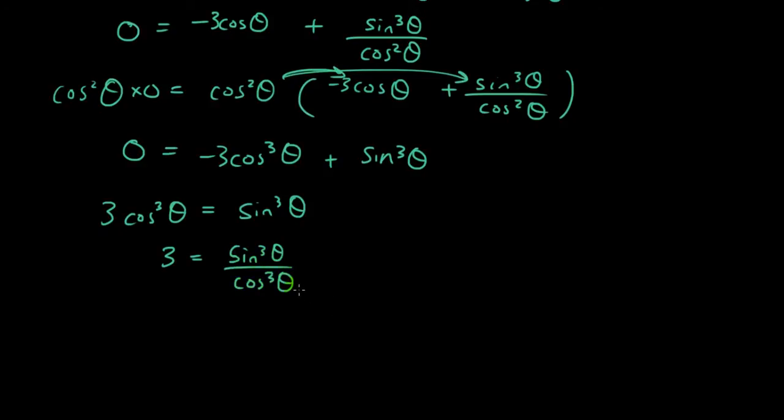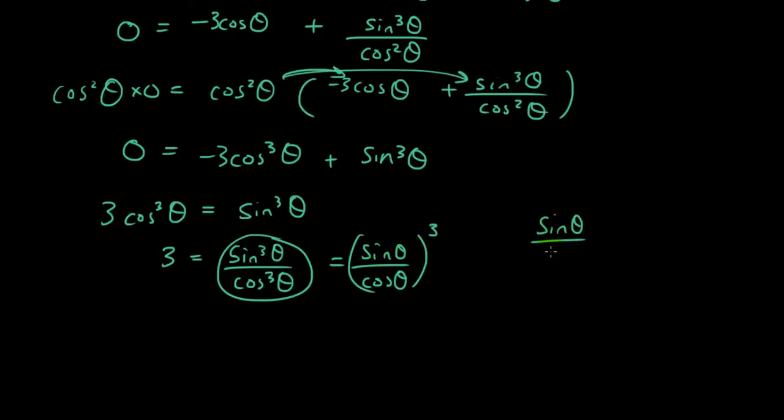And you can see that this is very close to sine theta over cos theta, all cubed. Actually, that is what that is. So let's rewrite it as that. Sine theta over cos theta cubed, and if you remember this equation, sine theta over cos theta equals tan theta, similar to tan equals opposite over adjacent.